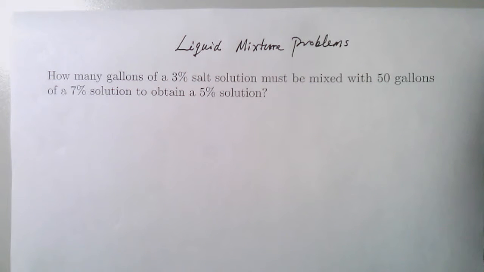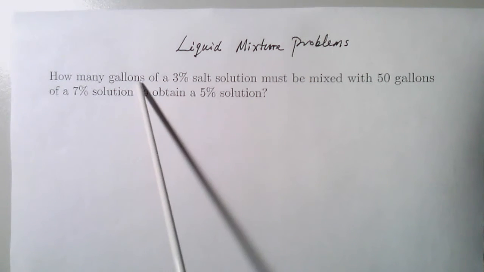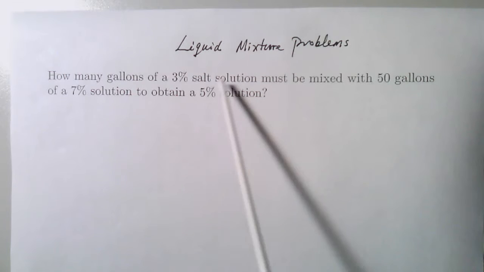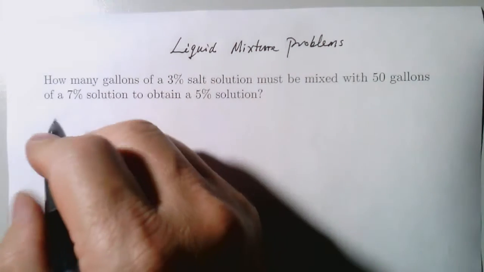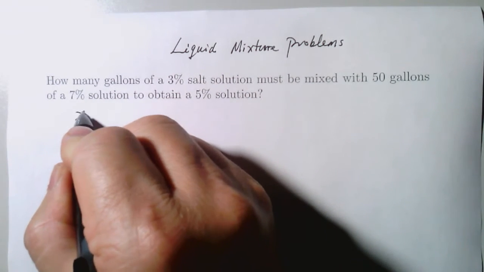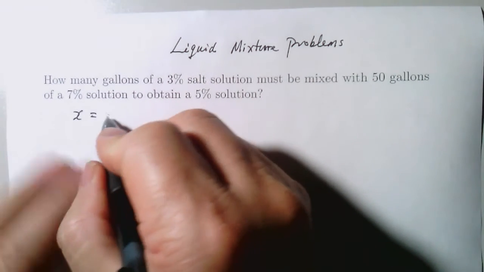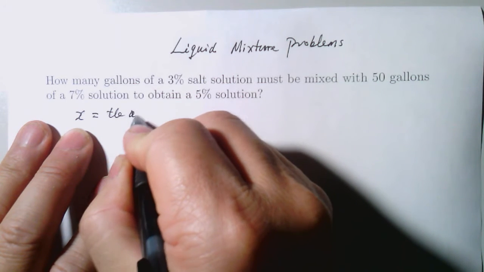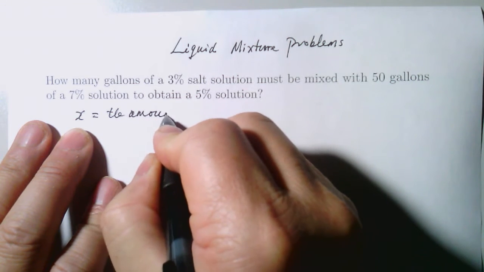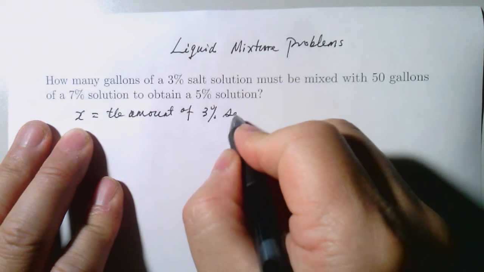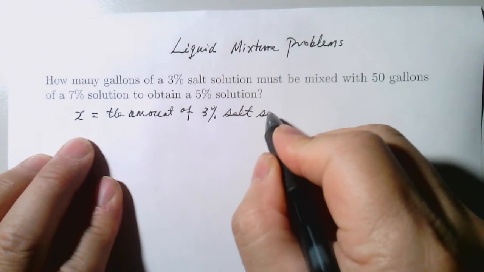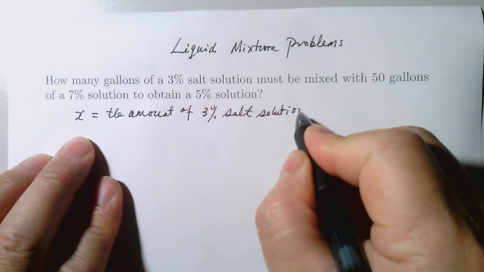We want to know how many gallons of 3% salt solution must be mixed, so as always, we're going to say x equals the amount of 3% salt solution.